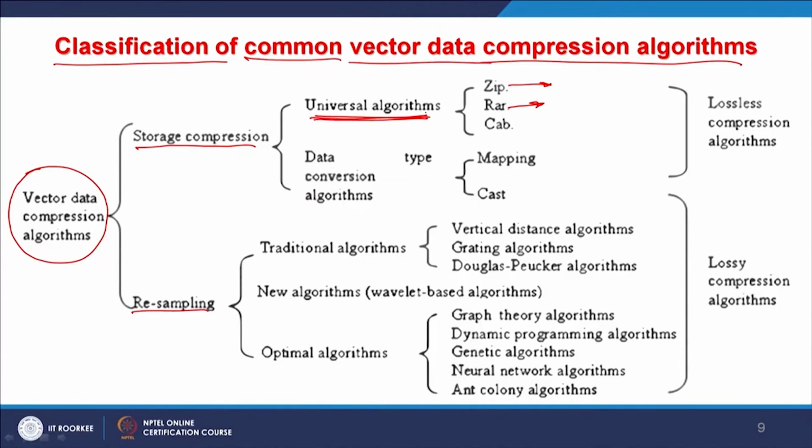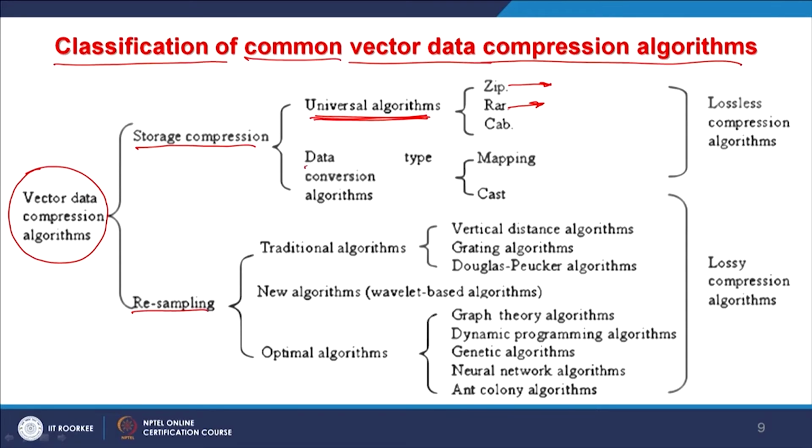Today I compress a 10 MB file to 8 MB, and then I send it via internet or email to some friend, and he can unzip it, and the original quality will be restored as it is. So, this is the biggest advantage of these tools, which are available through this universal algorithm, and that is why they are very, very popular.